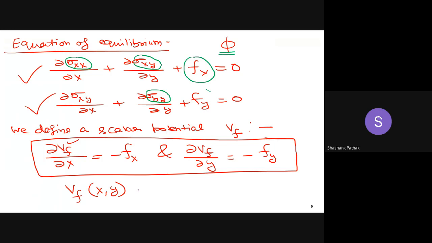Fx and fy we have already defined in terms of Vf. Because sigma yx is the same as sigma xy, we need to define only 3 stress components in terms of phi. So we have to find a function phi, or at least find the properties of phi, such that this differential equation gets satisfied. So the Airy stress function is nothing but us trying to solve this kind of differential equation. It is as simple as that.